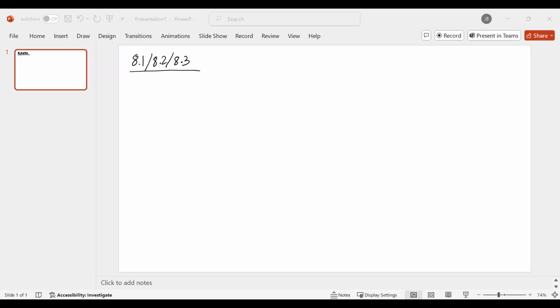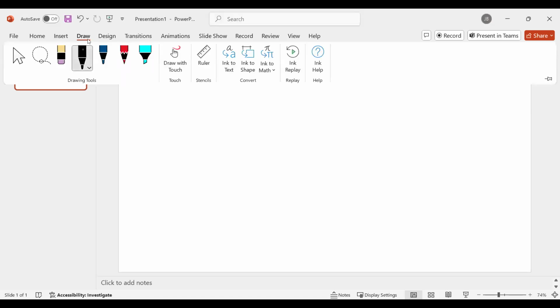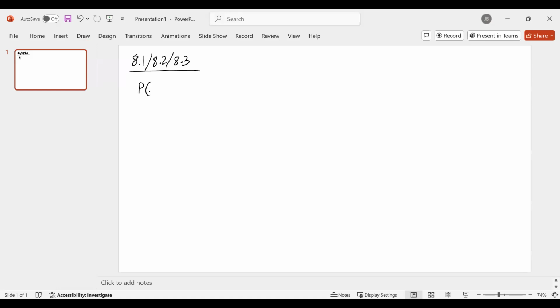So 8.1 to 8.3 is just the construction of probability. Fundamentally, when it comes down to any of these problems, you're thinking of the probability of an event as equal to the cardinality of your event over the cardinality of your sample space.